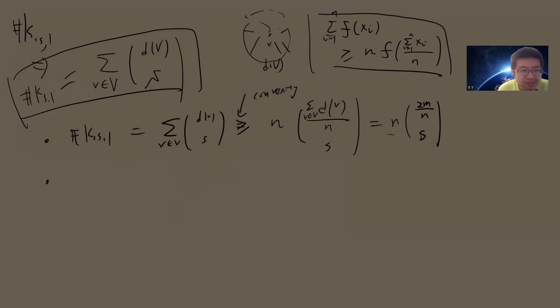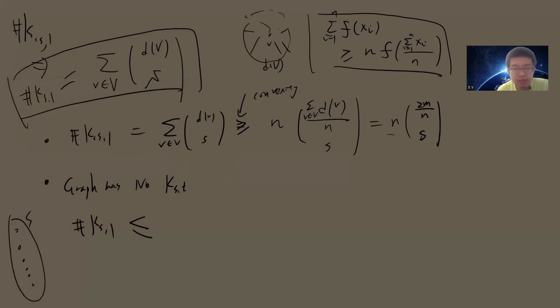However, we know that, let's say the graph has no K_{s,t}. That means we can find an upper bound. The number of K_{s,1} must be less or equal to something, because every s vertices have at most t minus 1 common neighbors. If there were more than t minus 1 neighbors, then there would be a K_{s,t}.